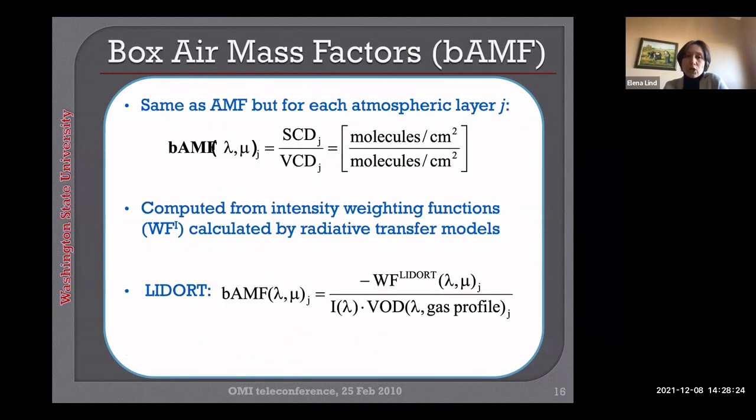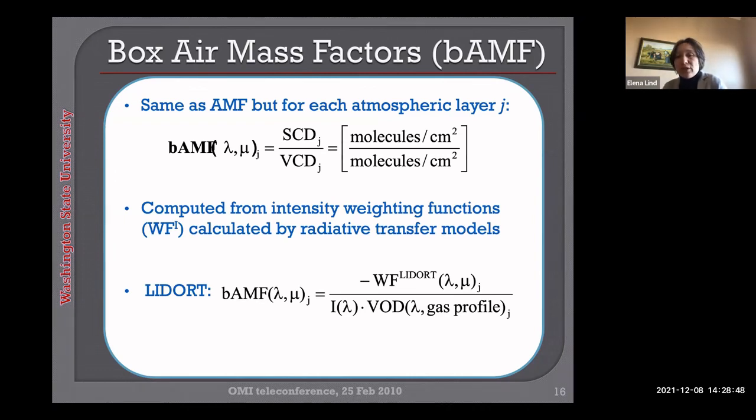Okay, so to make life more interesting, obviously we don't just want one value, we want the whole profile dependency, and we call it box air mass factors, which is a name that is probably not the best. The best way to think about it is as a weighting function in a sense.